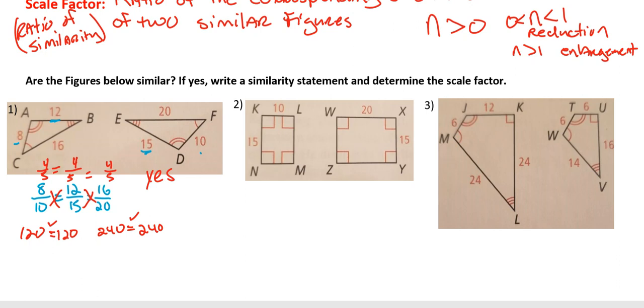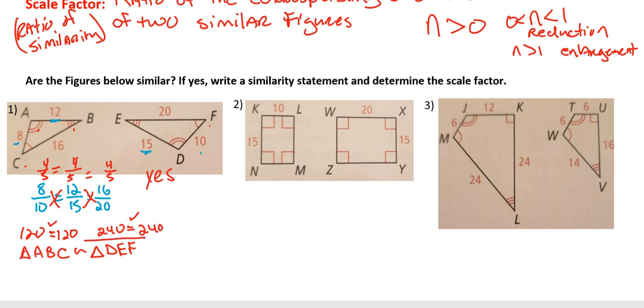So the similarity statement is going to be triangle ABC, I'm just going to go alphabetical here. And now we can just look at the angles now that we know the sides work. So A had two marks, so D has a 2 mark, so it's going to be D. B has 3, so it'll be E. And then C has the 1 mark, F has the 1 mark, so F. So, sorry, with a similarity statement, it's just the tilde.